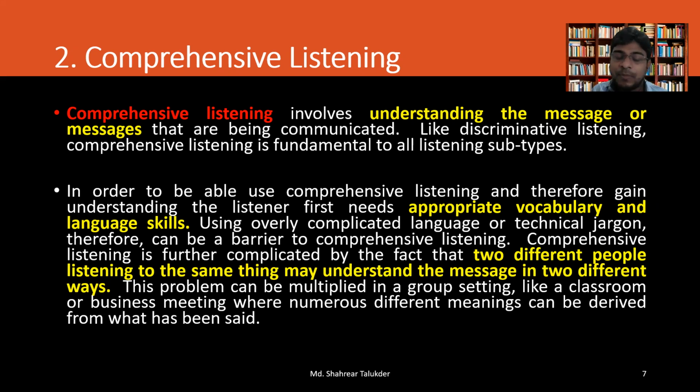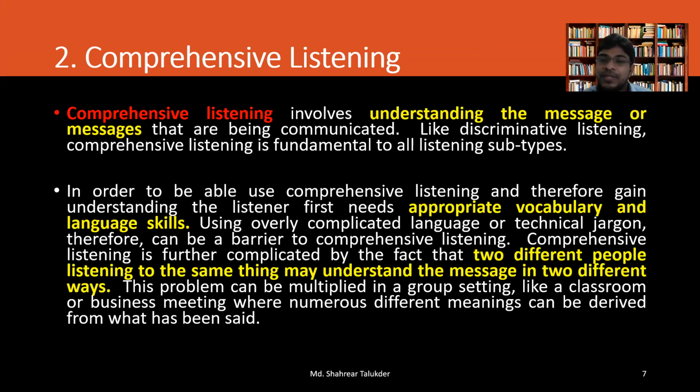I can give you an example. When you see a doctor, doctors use different kinds of technical terms, medical terms. Since we are not doctors, we didn't study anything related to medical sciences, we will find it very difficult to understand those medical terms and terminologies.